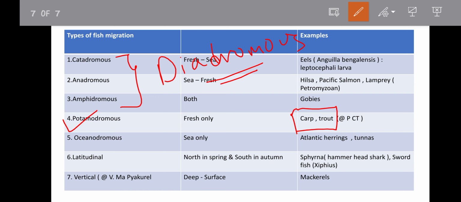So this is not considered diadromous, because if it was diadromous, it would have to be fresh or sea. Catadromous, Anadromous and Amphidromous are diadromous because their transitions are sea to fresh, fresh to sea, or both. The Potamodromous only travel in fresh water, and examples are carp and trout.